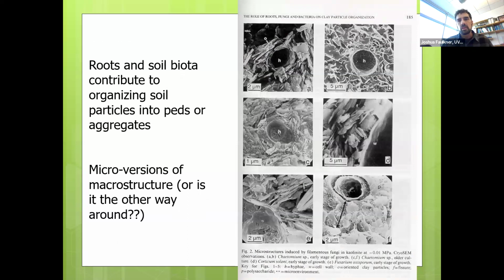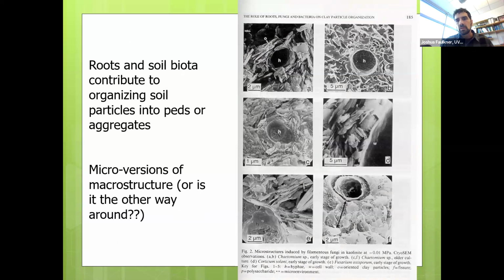And then it's not just, of course, these particles arranging themselves on their own. It's really biology that's playing a very important role in arranging these soil particles into the microstructure, the mesostructure, the macrostructure.